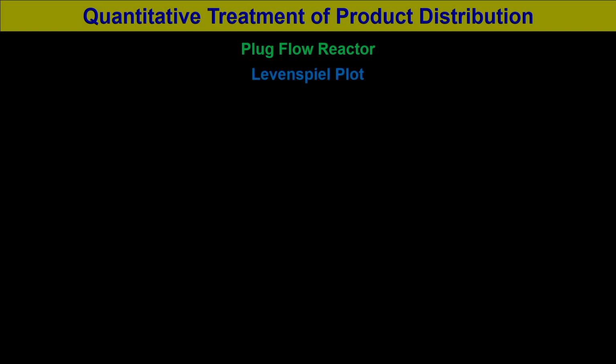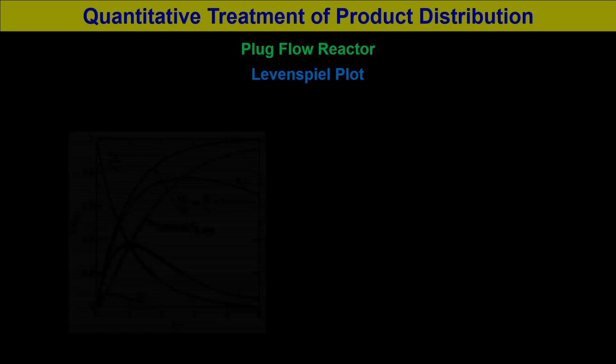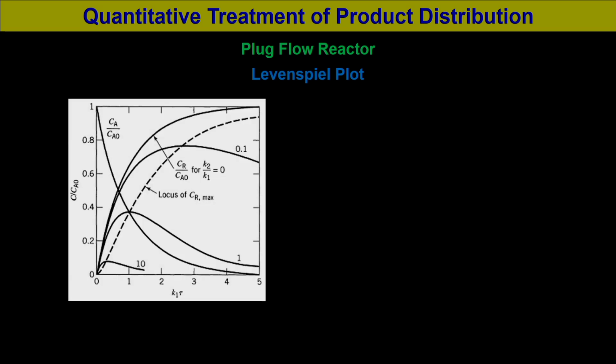If we look into the Levenspiel plot, over here the concentration ratio C by Ca naught, so concentration of each species, versus K1 tau is plotted at different K2 by K1 ratios.